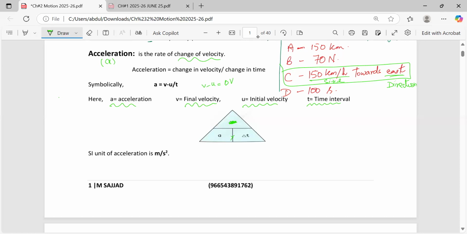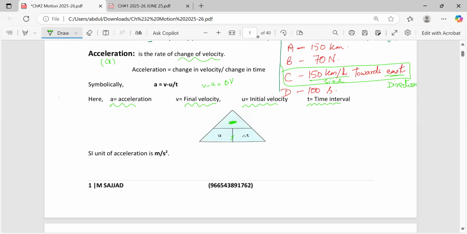As you push on the accelerator, the speed of the car increases. So it means speed changes, and it means velocity changes.